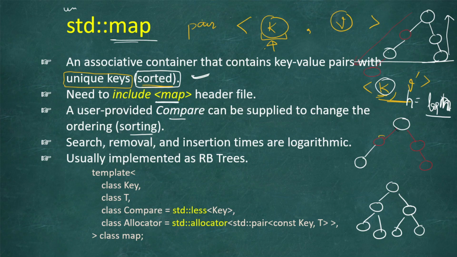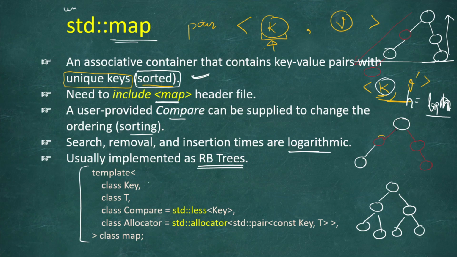If this key is not of int, string, or some of the primitive types, then you will need to provide a compare. And all the search, removal, insertion take logarithmic time because we are using a balanced binary search tree. And here the height is of the order of log n, and usually implemented as red black trees.